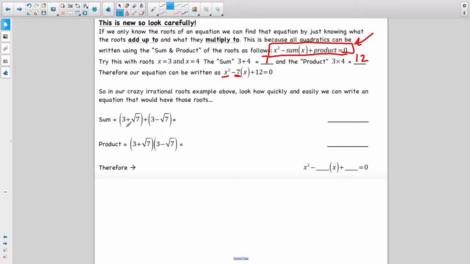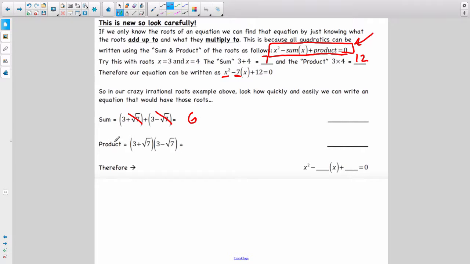Back to the crazy example. Look how easy this becomes, especially since they come in conjugate pairs. I can't stress that enough. The fact that they're conjugates makes this so easy. If you were to add these guys, this radical business disappears thanks to the conjugate. You end up with 3 plus 3 is 6. And radical 7 plus negative radical 7, well, they're gone.